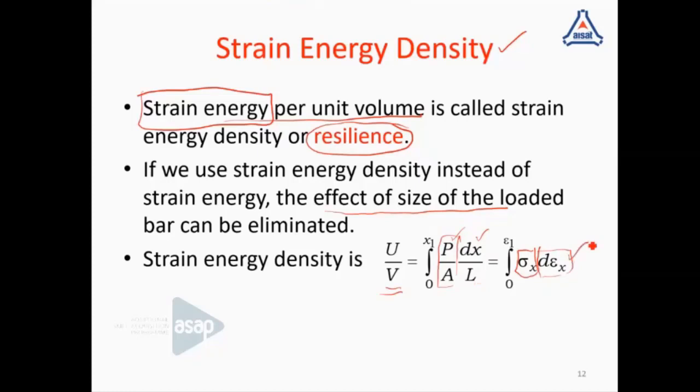Now the equation can be integrated from 0 to epsilon 1, the total strain, which is the total change in length over the total length L. You need not worry about the integrals.